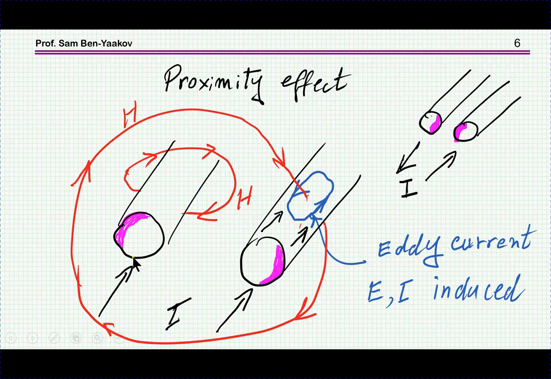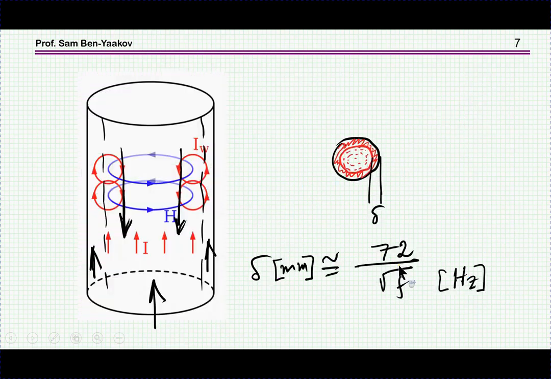Of course, if the diameter of the wire is smaller and smaller, then most of the current will be passing throughout the cross-section. And if the currents are in the opposite direction, we're going to see this crowding adjacent one to the other. So this is the eddy current.